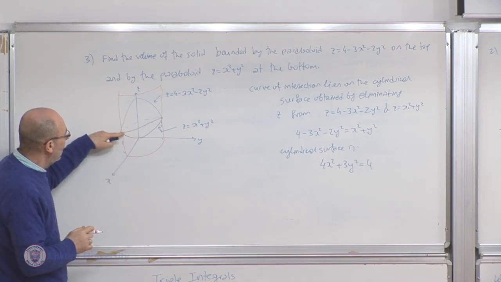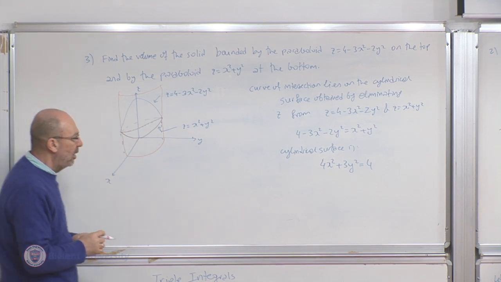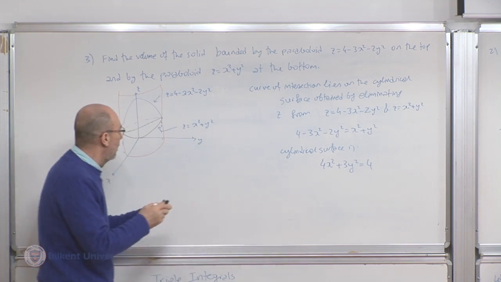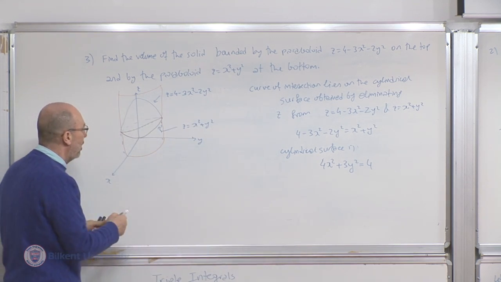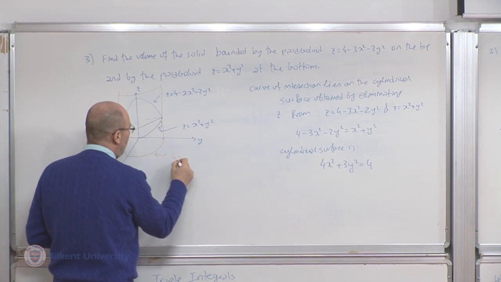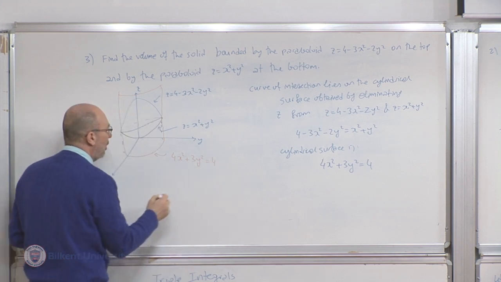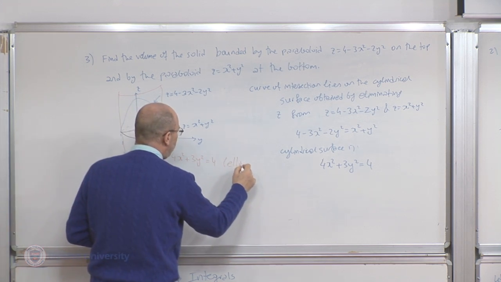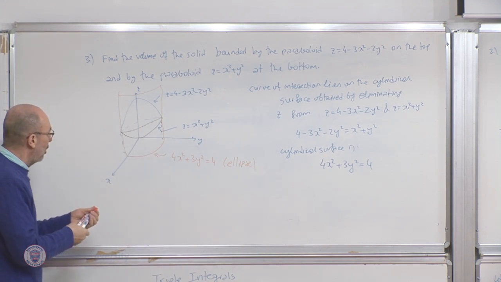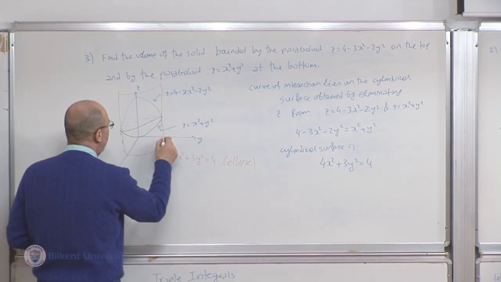So you see that this part does not lie in a plane z equals something. It lies on this surface, and its projection is here. Now in the xy plane, we have 4x squared plus 3y squared equals 4. This is an ellipse, if you want to recognize it. Now we have almost everything except the coordinates here.